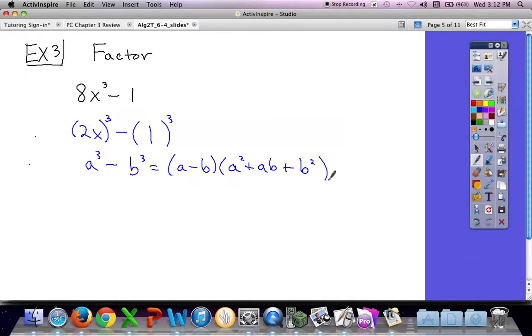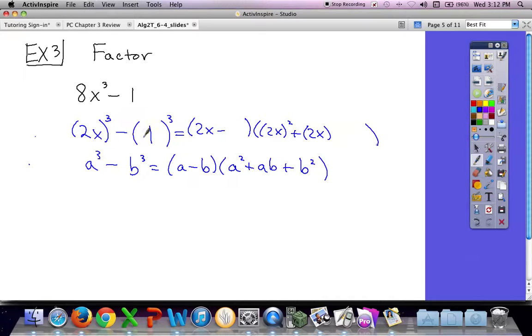Right? In our problem, what is it that represents the A? It's 2x. So everywhere we see an A in the formula, we put a 2x. Put a 2x, plus 2x.